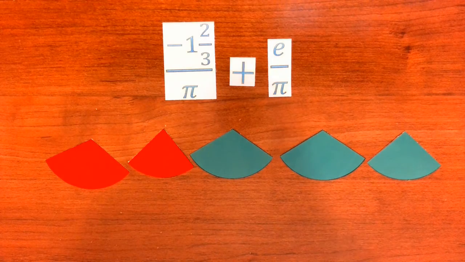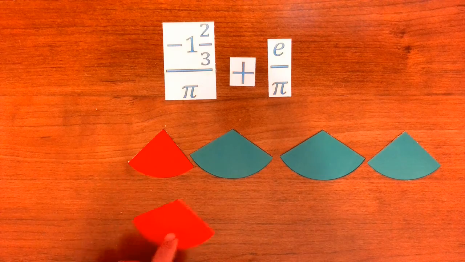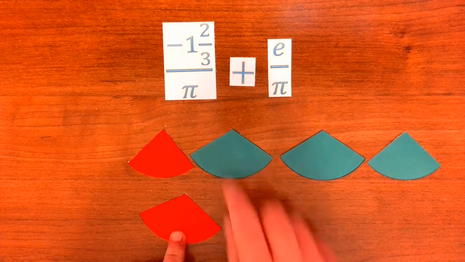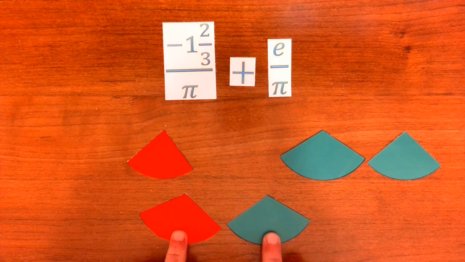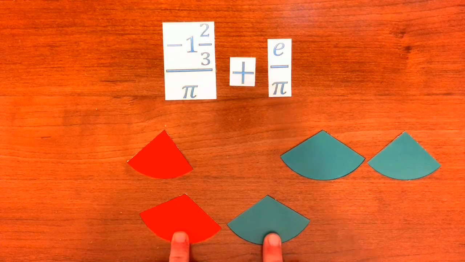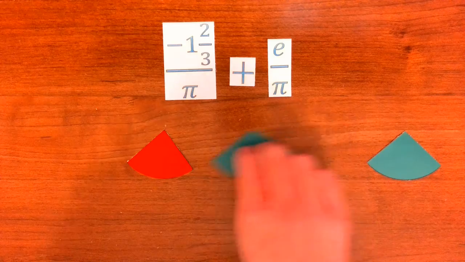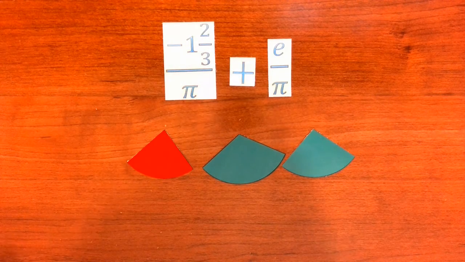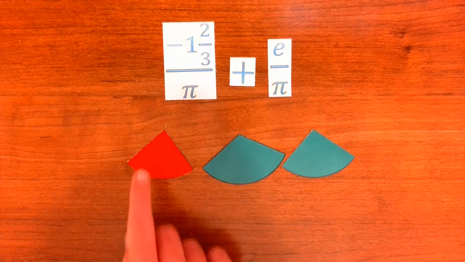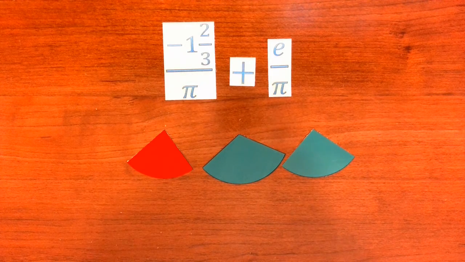Let's now solve this problem. So here I have negative 1 over pi, and here I have positive 1 over pi. If I add them together, I'll get 0, so I can just remove them from the scene. And I'm left with this, but I'm not finished yet, because some of the positive can cancel out the remaining negative.